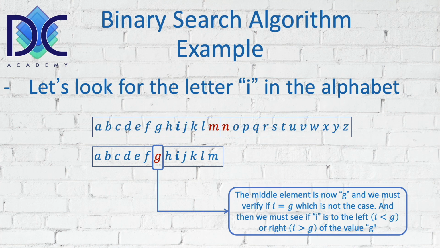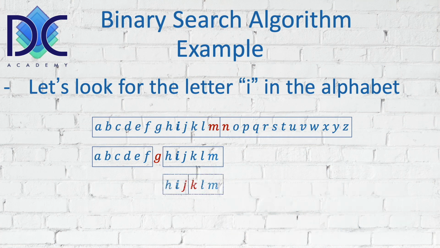Here again, I look to the left or to the right, and I see that I is larger than G. So now I look at the right subset, and I continue with this subset, and the middle is between J and K. In the last division, I find the letter I between H and J. And that's the principle of the binary search algorithm.